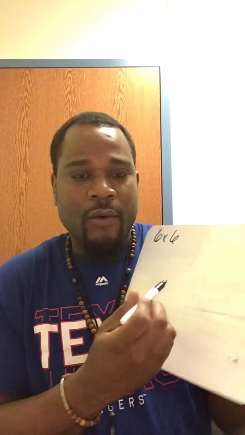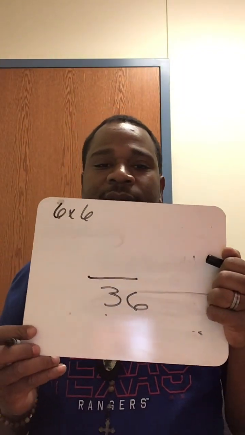Since it's 6 possible outcomes with this, I will multiply it by the 6 different outcomes on the other, and then I'll come up with 36 possible outcomes using these 2 dice. So on the bottom, I do my 6 times my 6, and I will have 36 possible outcomes that can come from the dice.